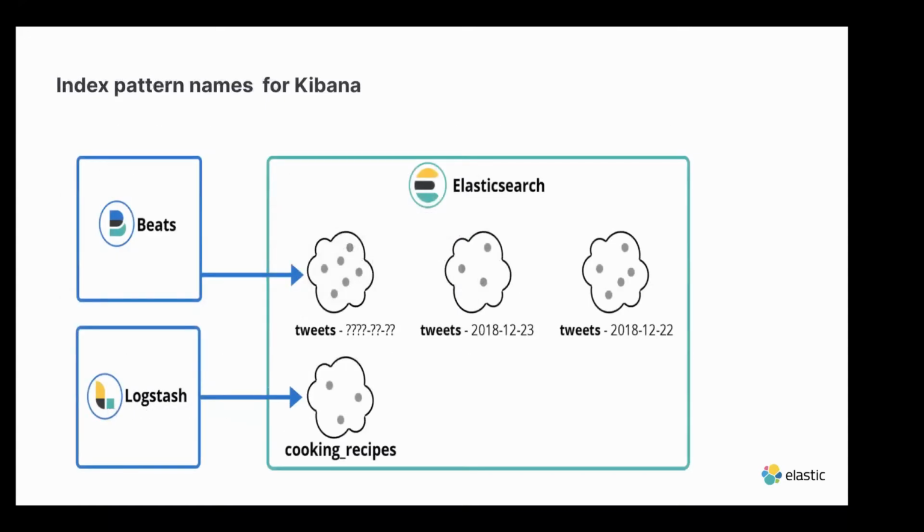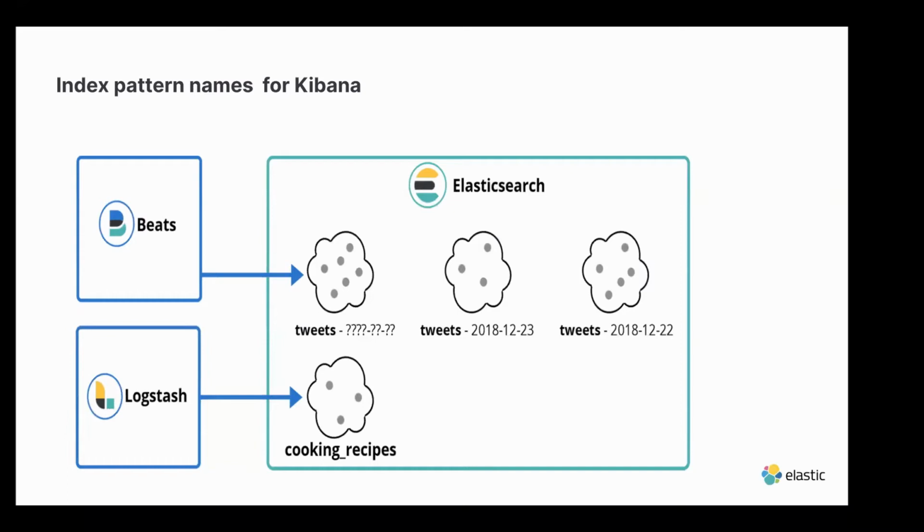So here we have a bunch of time series data, which is tweets. And I've ingested it using Beats, Logstash. We will also look at command line and CSV ingestion into Elasticsearch. We have tweets for 2018-12-30, 2018-12-22, and some other dates.